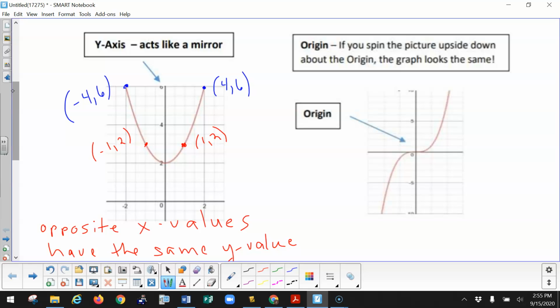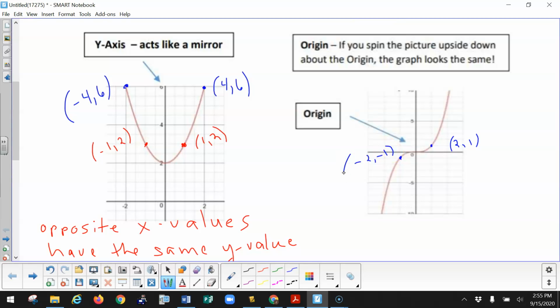And looking at the ordered pairs, if I pick a point, here's a point, this point would be (2, 1). When you negate the x, it also negates the y, or makes it the opposite. So the opposite x will give you the opposite y. So if (2, 1) is on there, you should expect that (-2, -1) is on there.